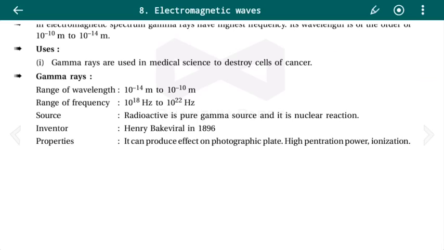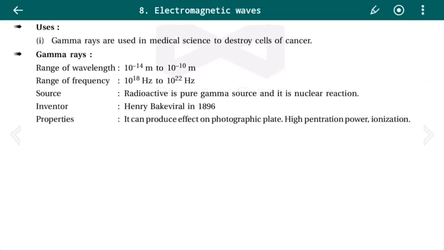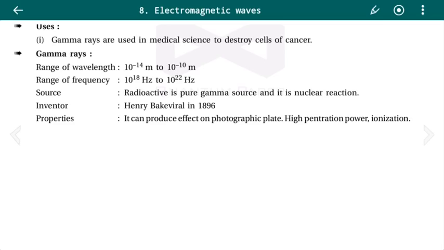Range of the frequency, that is the highest frequency, is 10 to the 18 Hz to 10 to the 22 Hz. Source: radioactive material is a pure gamma source and it is a nuclear reaction. That means in the process of radioactivity, that is during the nuclear reaction, the gamma rays are emitted.